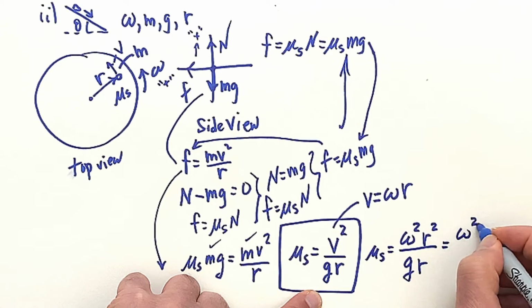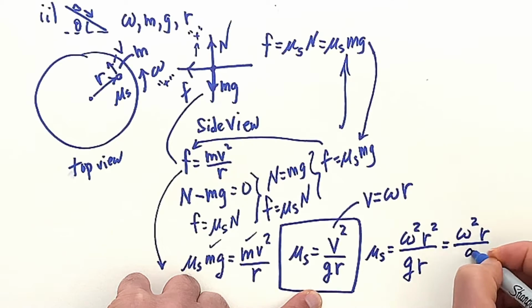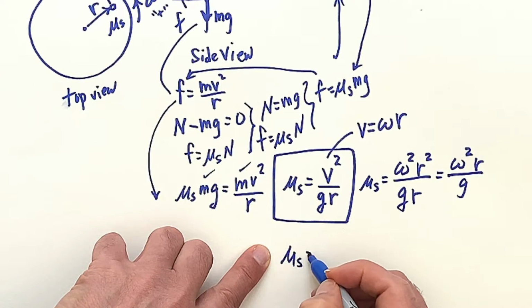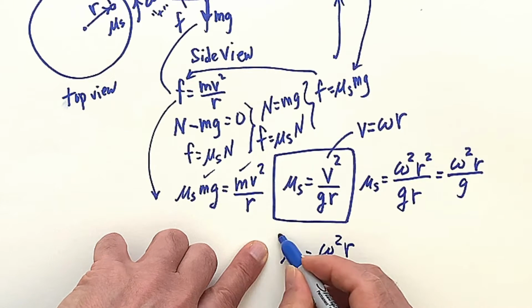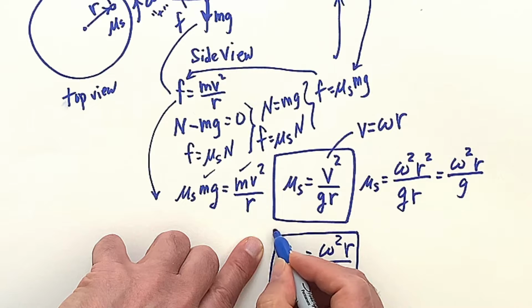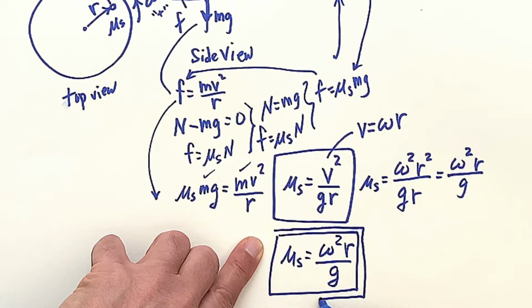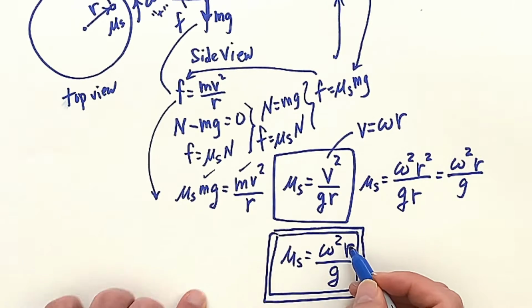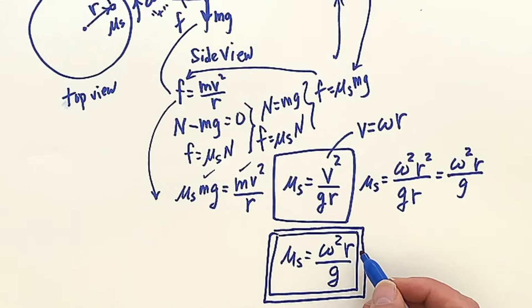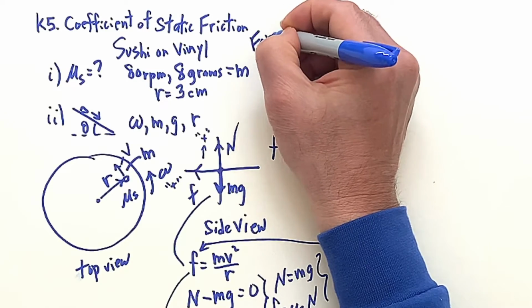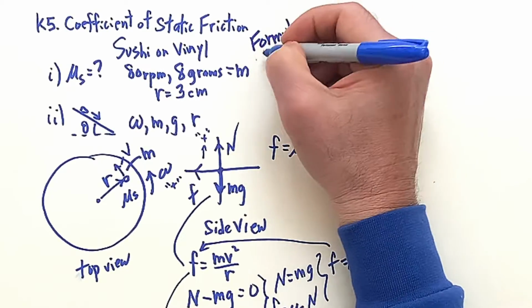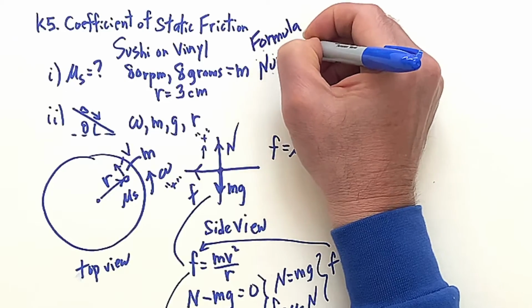One of the r's drops out, and we get omega squared r over g, and this is the equation we want. This is the real answer to the problem. So we'll put 2 boxes to emphasize that. Then for part 2, it also asked, by the way, for what the values are. So this problem wanted to have a nice formula, and then it wanted to have the numerical answer.